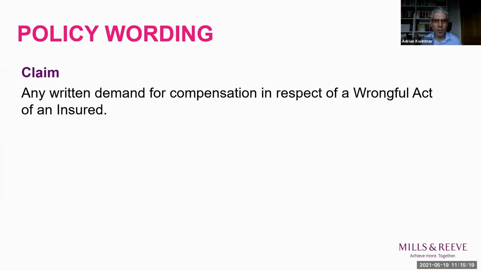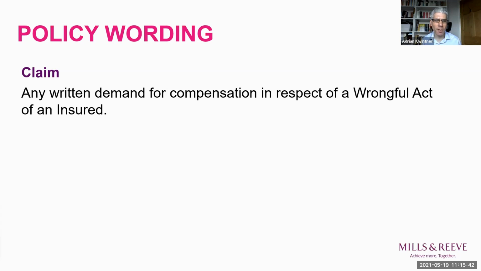Well, probably not surprising, Andrea, but the answer is B, 2021. In this particular case, and as you can see on the slide, claim is defined as a written demand for compensation. The 2019 emails didn't fall within the policy definition of claim because there was no demand for compensation at this stage.